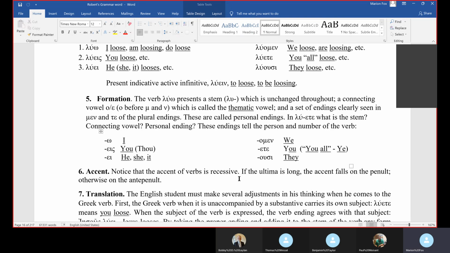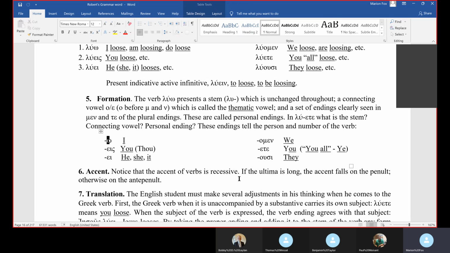Luo, it's a short word, and they use it. The lu stem is unchanged, but a connecting vowel, an omicron or an epsilon, is placed in before the ending. It's called a thematic vowel. And the set of endings is clearly seen in men and te and the plural endings.